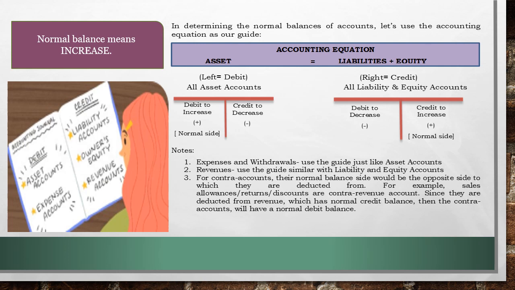Since they are deducted from the revenue, which has a normal credit balance, then the contra accounts will have a normal debit balance. More discussion for this slide in the next module, module 3, the rules of debit and credit.